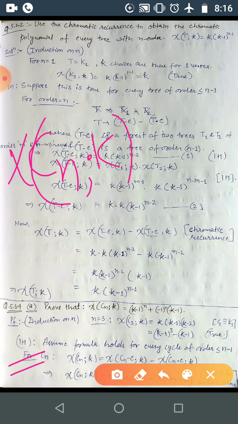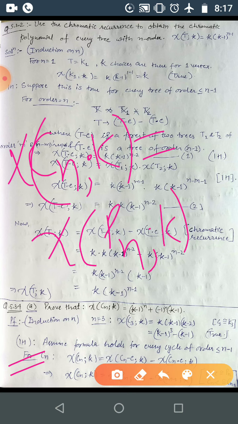By chromatic recurrence, you can just say the chromatic polynomial of Cn minus E will be the same as Pn, because we are just removing one edge. So it will be Pn and plus it will be minus. Correct? So it will be split into this one, and for the chromatic number it will become minus.